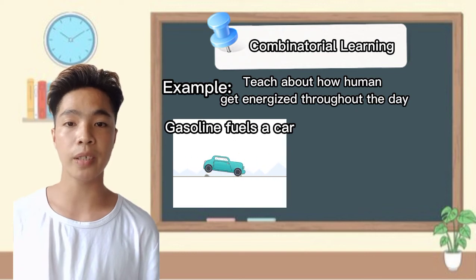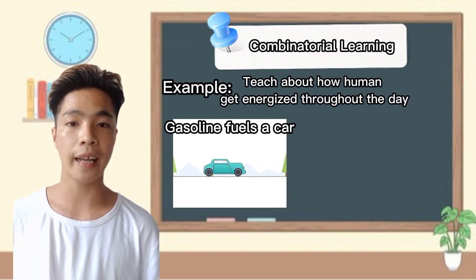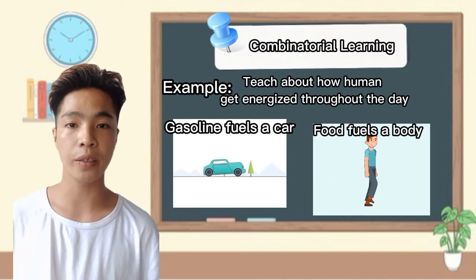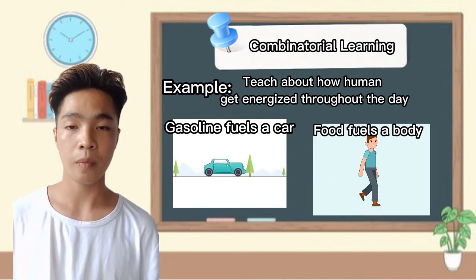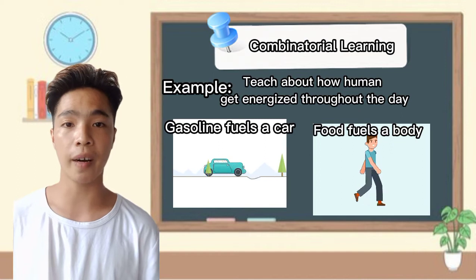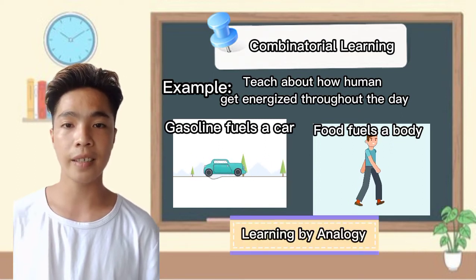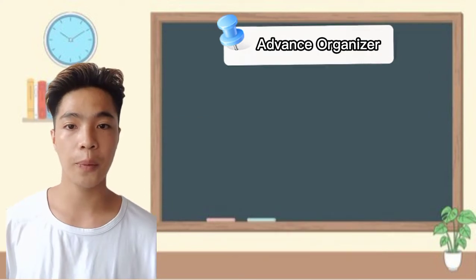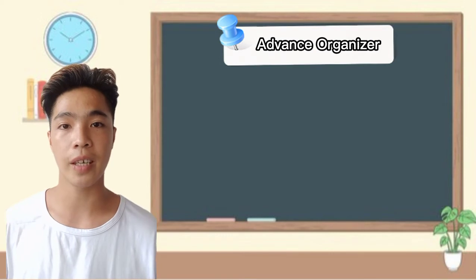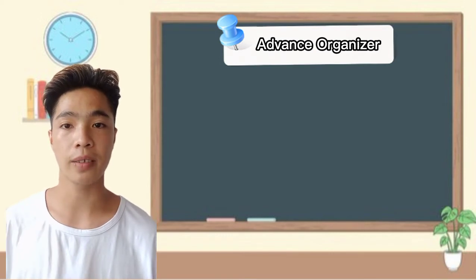Using the previously acquired knowledge, you can relate that to his or her new knowledge, because their concepts are related to each other, and you can also directly say that this type of learning is learning by analogy.